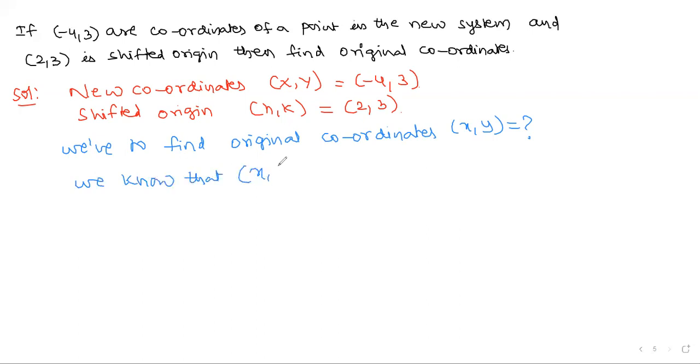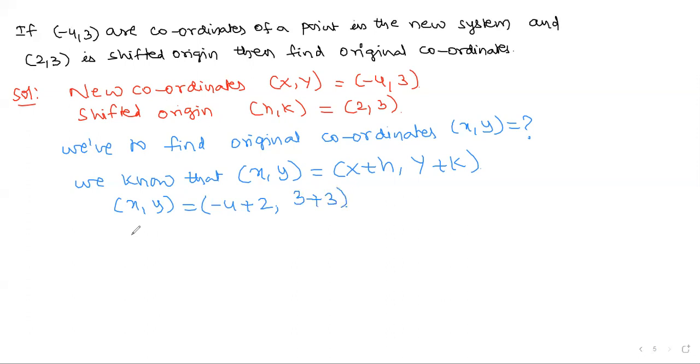We know that small x, small y equals capital X plus h, capital Y plus k. So small x, small y equals -4 plus 2, 3 plus 3. Here small x, small y equals (-2, 6).